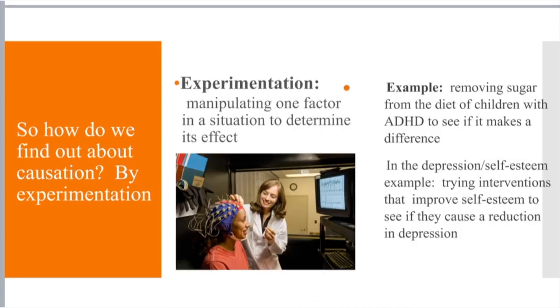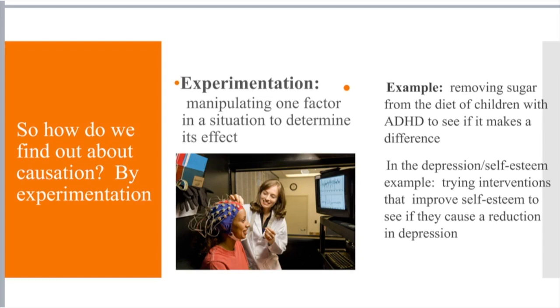So how do you find out about causation, right? That video said we can only infer causation from this idea of correlation. We can't fully prove causation. So how do we do that? We do it through experimentation, which is manipulating one factor in a situation to determine its effect.